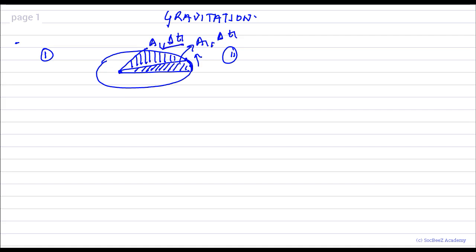So at each equal interval of time, the planet is going to sweep out equal area. This was Kepler's second law.